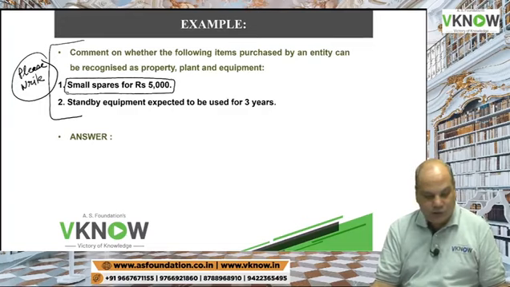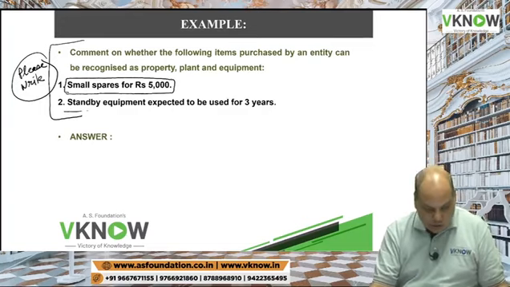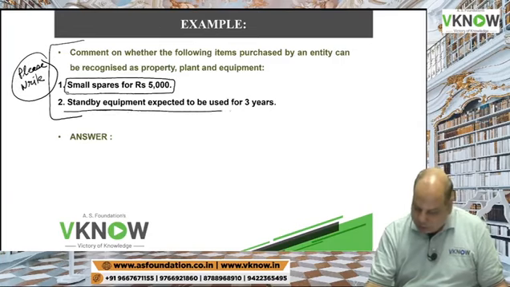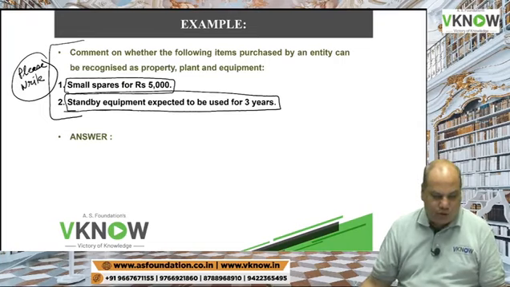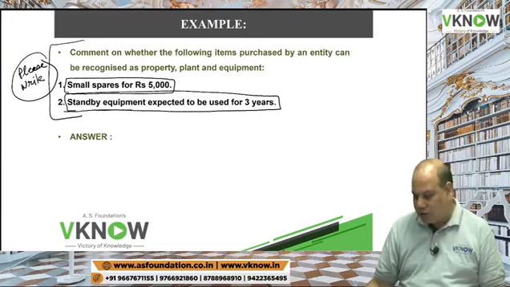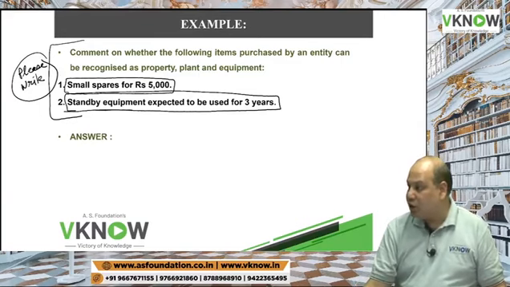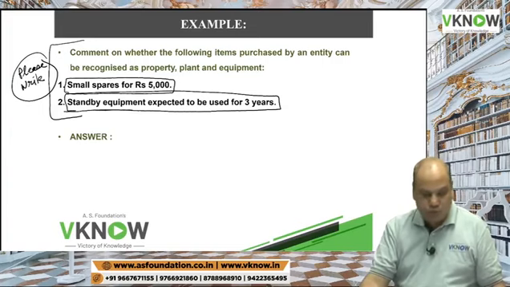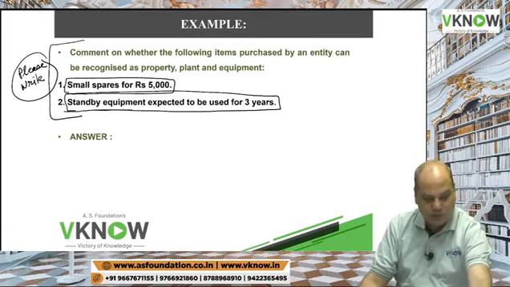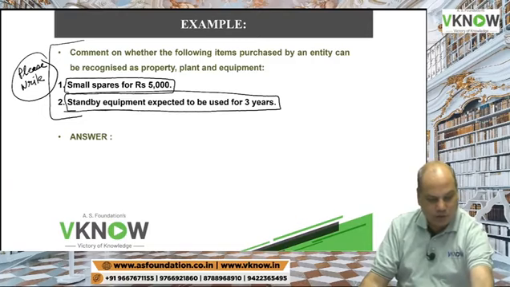And second question is standby equipment expected to be used for 3 years. So you have to answer which item out of this 1 and 2 will be accounted under AS10 and which item will be accounted under AS2. So two standards are applicable to these two different inventory items. Please reply.